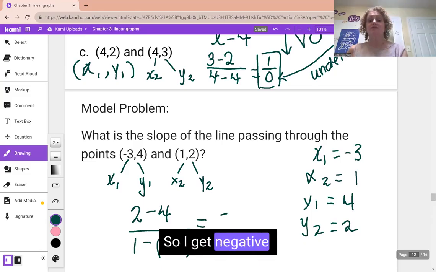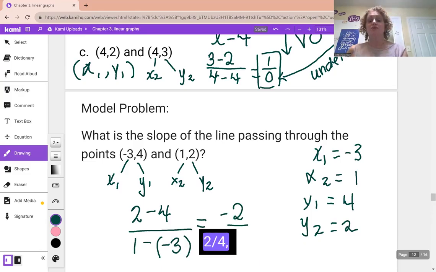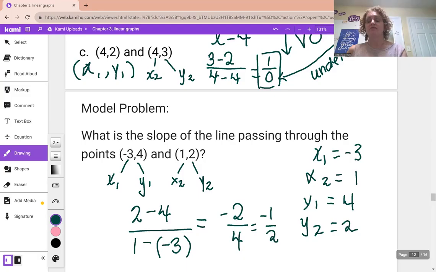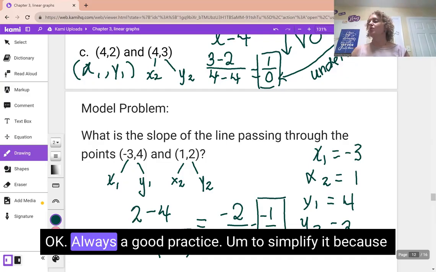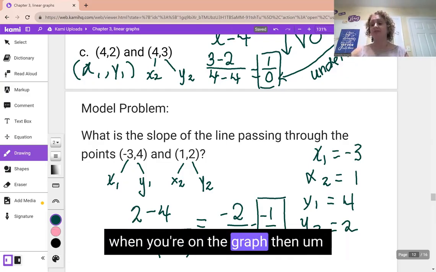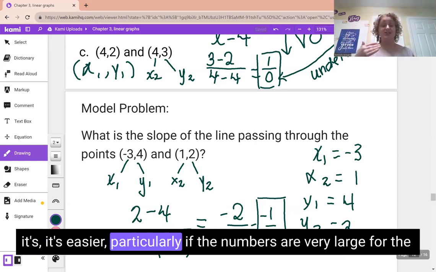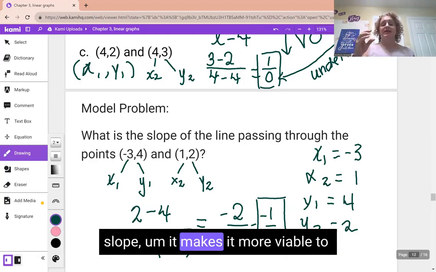So I get -2 over 4, which is -1/2. It's always good practice to simplify it, because when you're on the graph, it's easier, particularly if the numbers are very large for the slope. It makes it more viable to draw the graph.